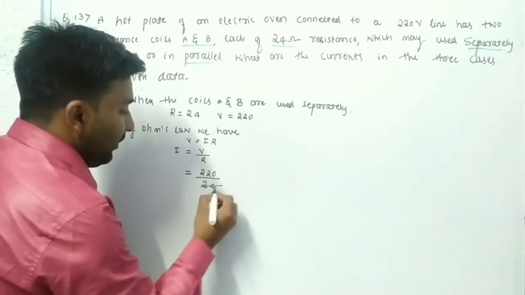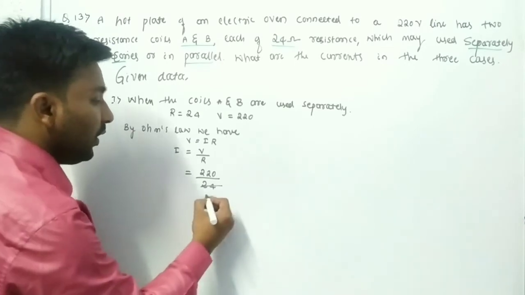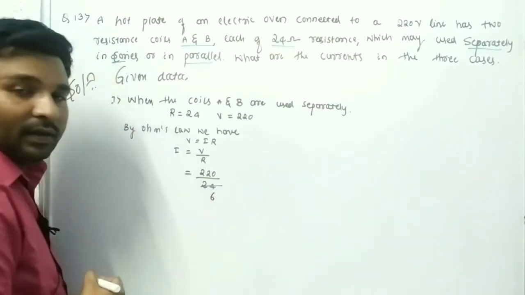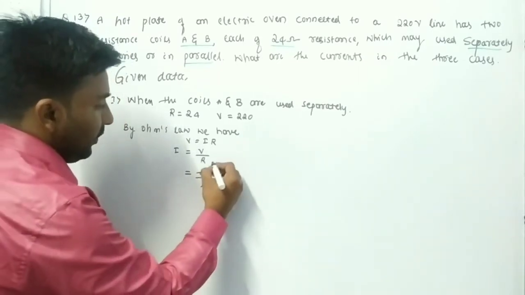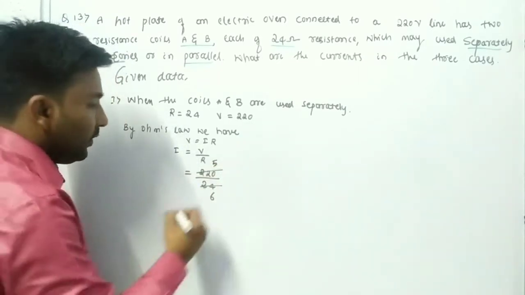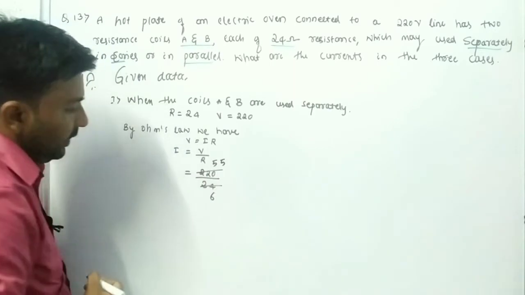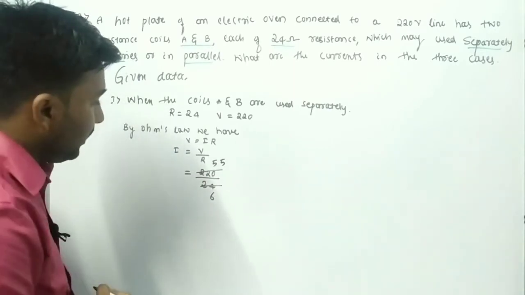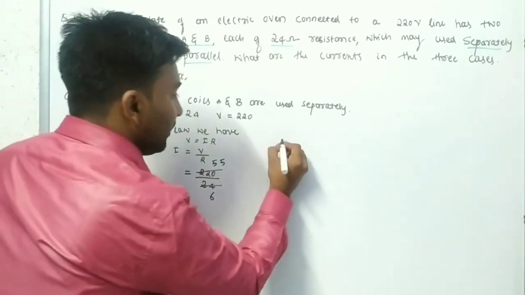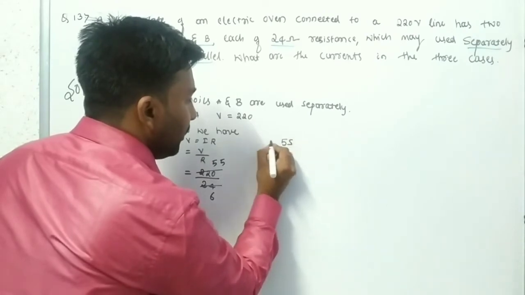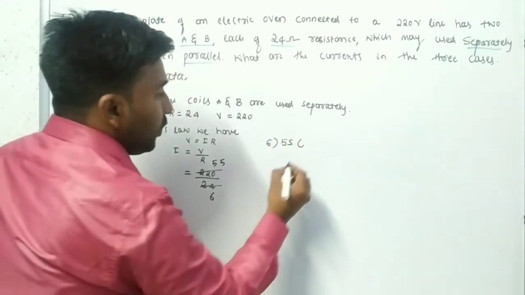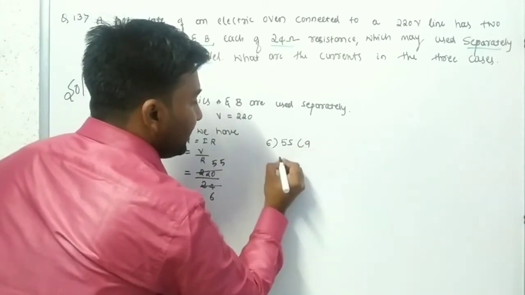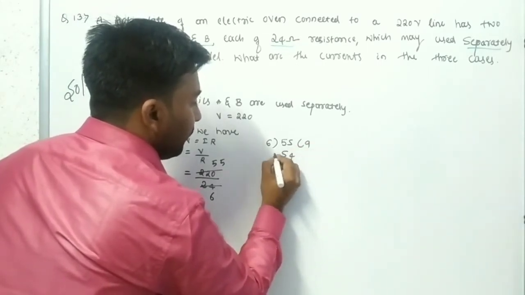Now divide this. 4 6s are 24, 4 5s are 20. Now divide this separately. We have 55 divided by 6. 6 9s are 54.